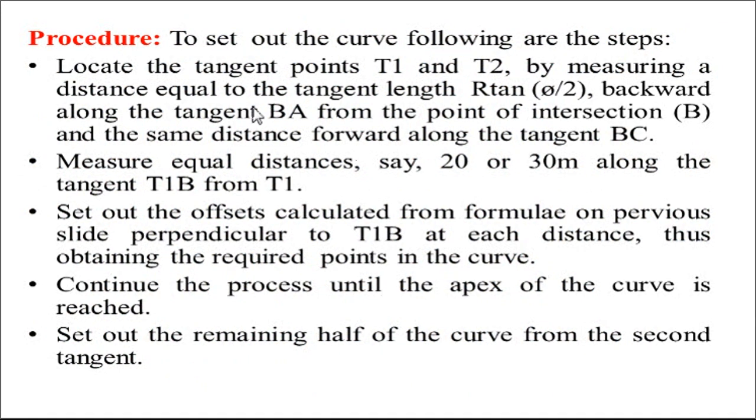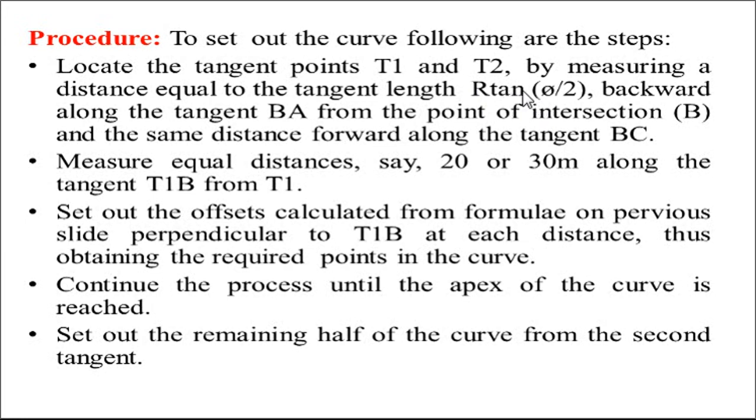Now if all this data is known, how to set out the curve in this particular technique. The procedure to set out the curve has the following steps. First, locate the position of tangent points T1 and T2 by measuring a distance equal to the tangent length. Tangent length can be calculated by the formula R into tan of theta by 2.